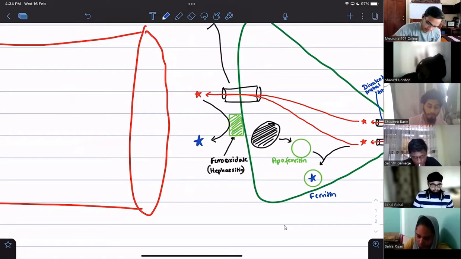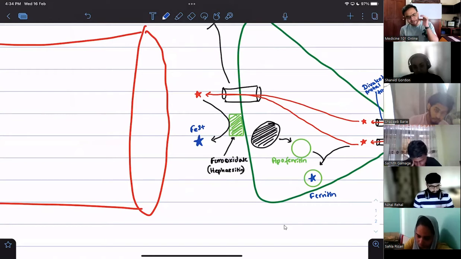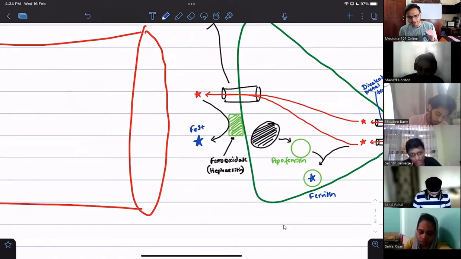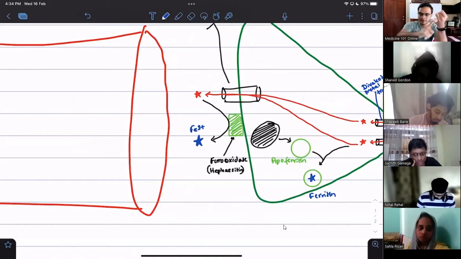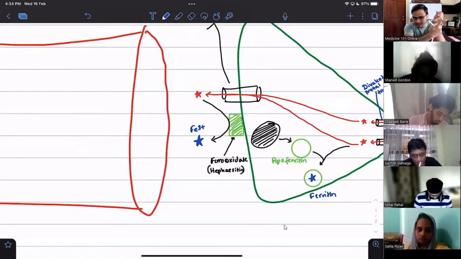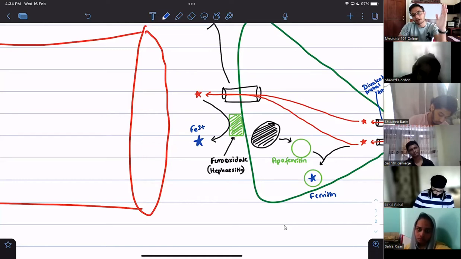This Fe3+ is highly reactive. It can go and damage cell membranes. It can destroy DNA structures, give rise to mutations, and destroy cytosolic proteins. So the ferric form should not be allowed to be transported freely in blood.